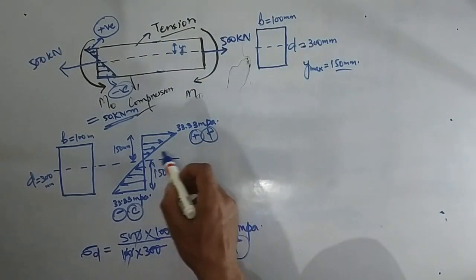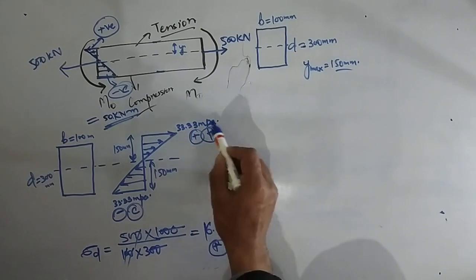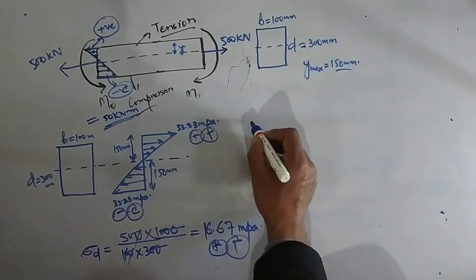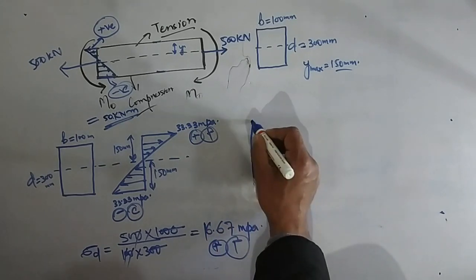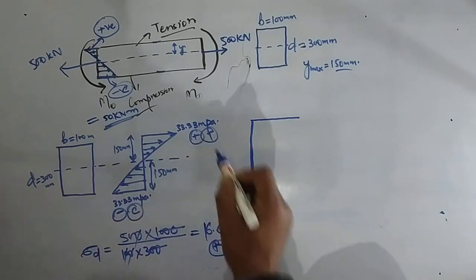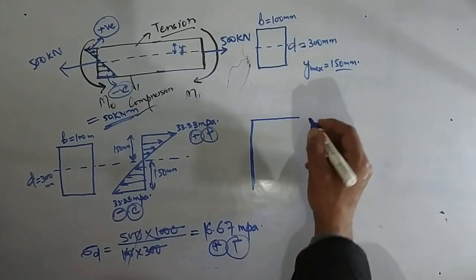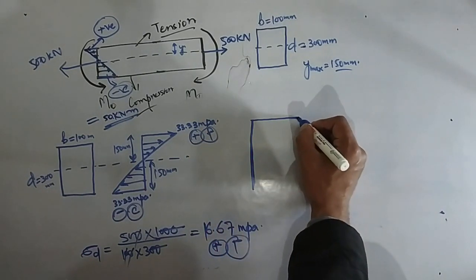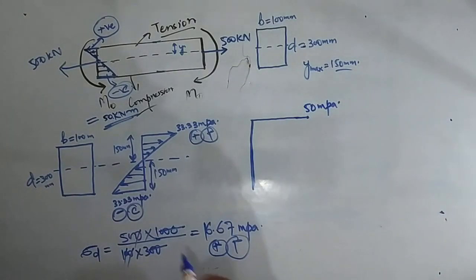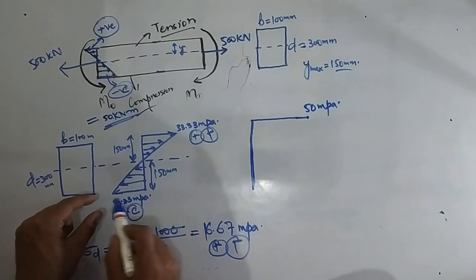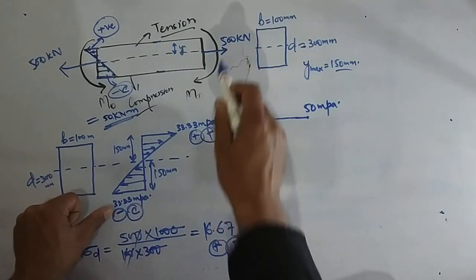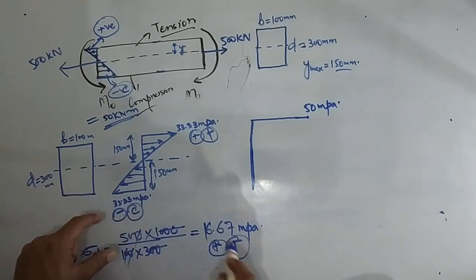Now we have a tensile part over here, so these two will be adding up, and I'll get a new diagram. This will be 33.33 plus 16.67, that will be 50 MPa. But at this part we have compression and now tension due to this load, so these will be subtracting.